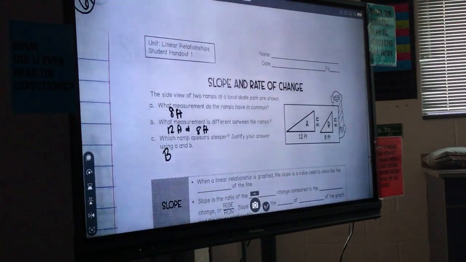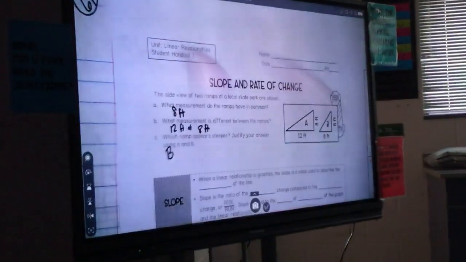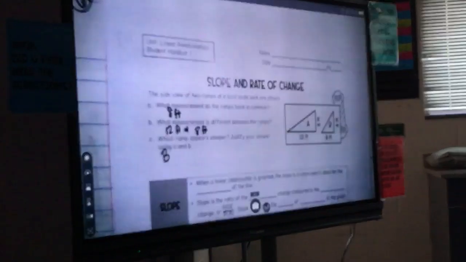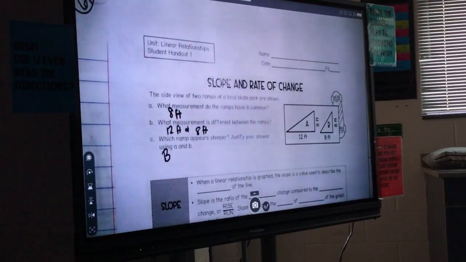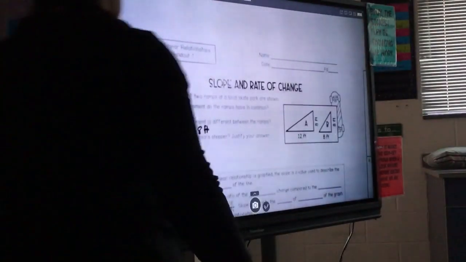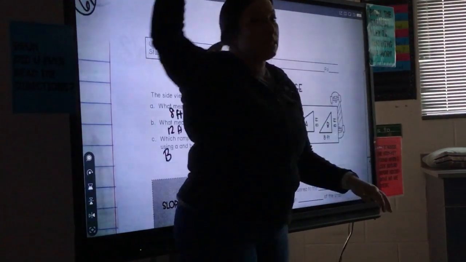Sebastian. So the slope is more vertical, or but that's not true, because the height is technically the same. The rise is the same.